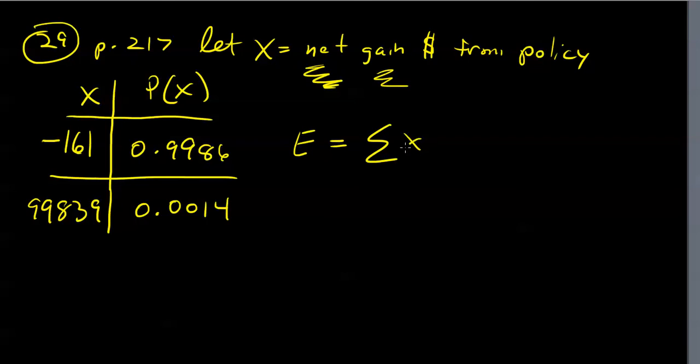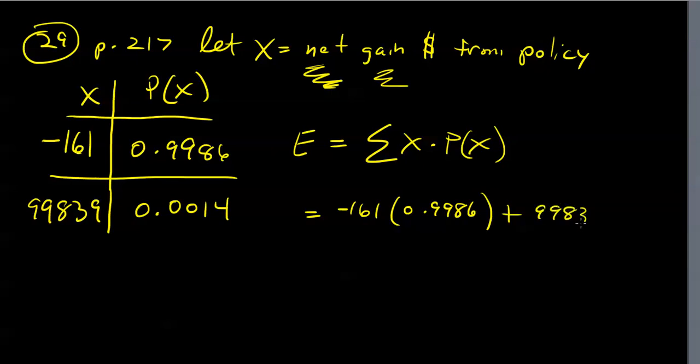Expected value is nothing more than the sum of each x value weighted or multiplied by its associated probability. So minus 161 times 0.9986 plus 99,839 times 0.0014.